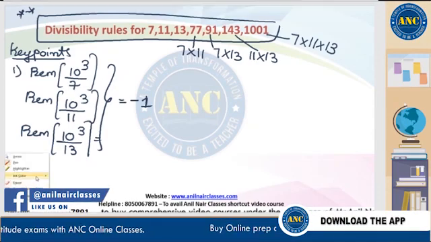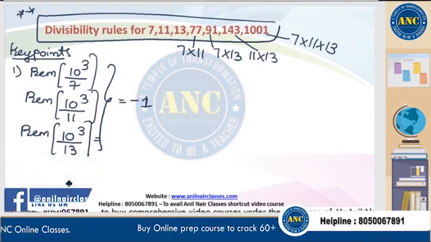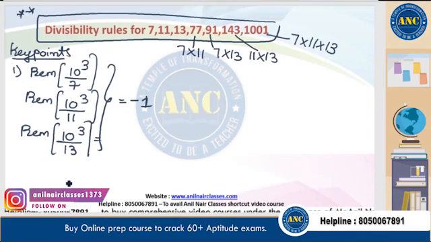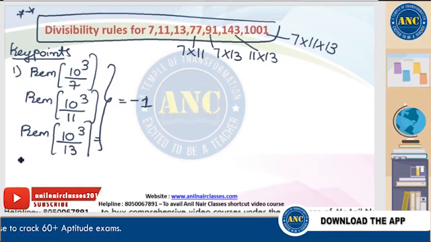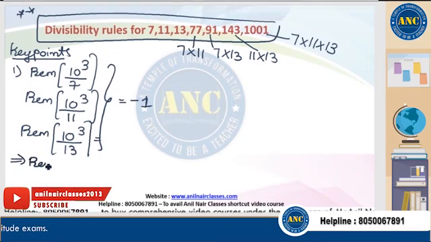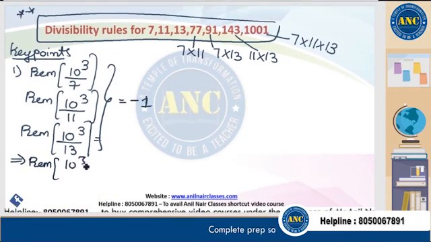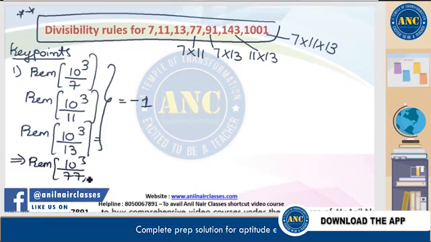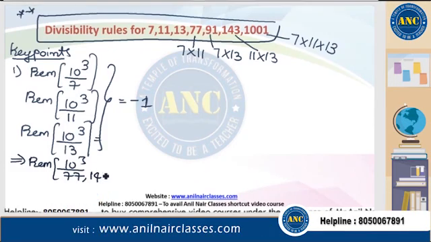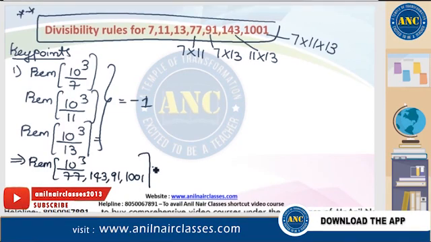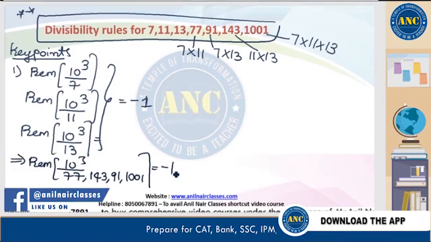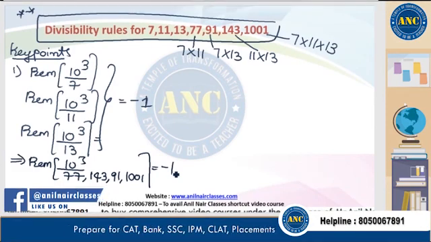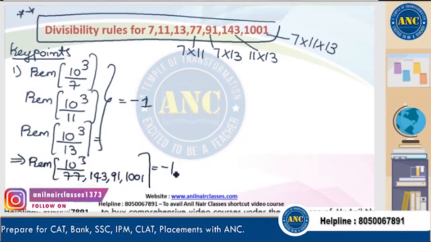Why is it minus 1? We will see it. Not only this, further numbers also: 10 cube divided by 77, 143, 91, 1001. Still it will be minus 1.